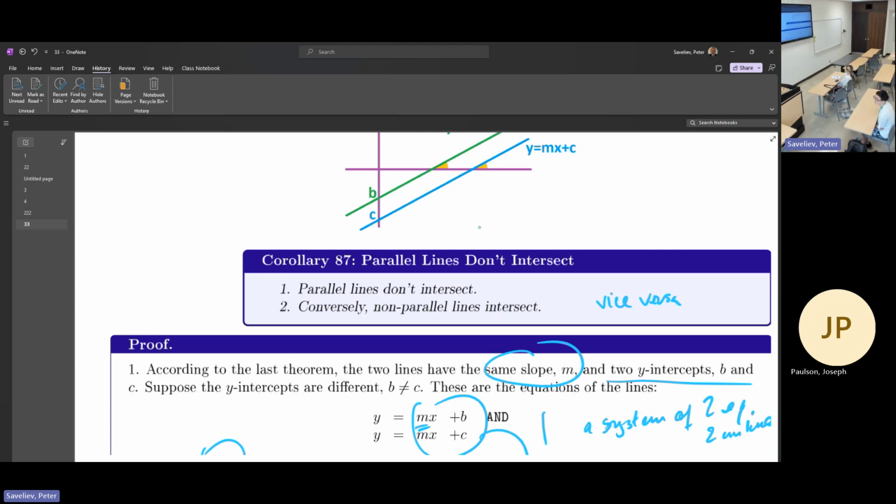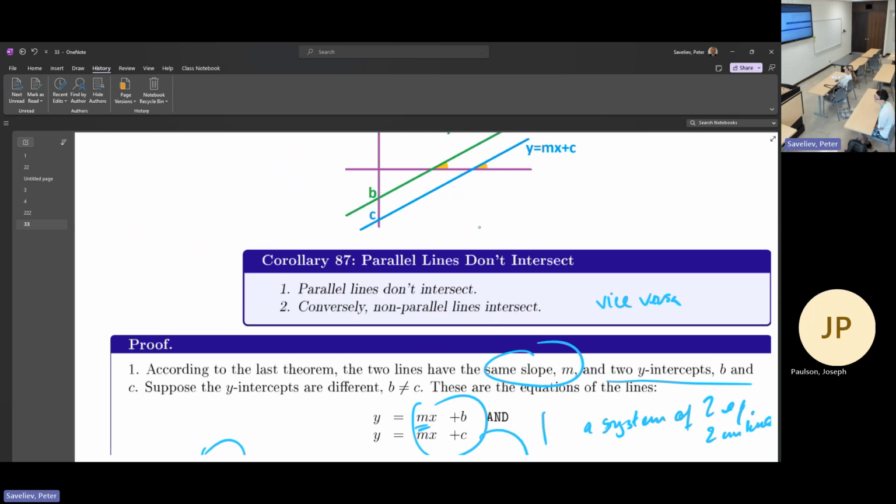In the opposite direction, if you have two non-parallel lines, they do have to intersect. So how do we prove that? Two non-parallel lines intersect. How can we approach it? It works in exactly the opposite way. So the proof that we just provided is no help whatsoever.